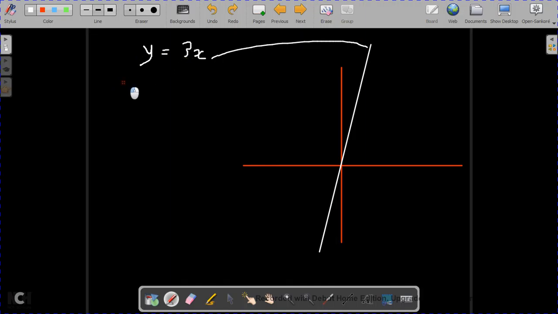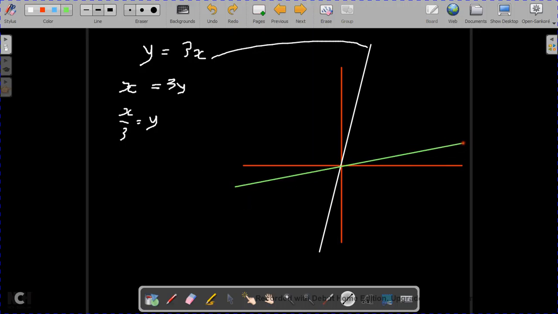So swap the x and y. So x equals 3y. So then y equals x on 3. Well, that's just the line. Let's go green. So graph that line, y equals x on 3. Well, that will be basically that line there. That's our inverse line.